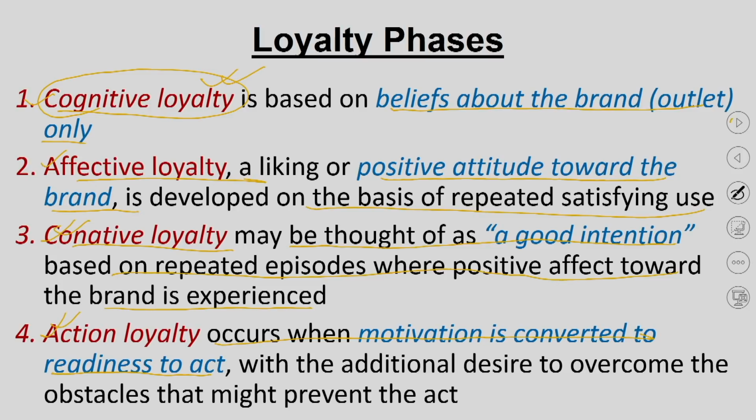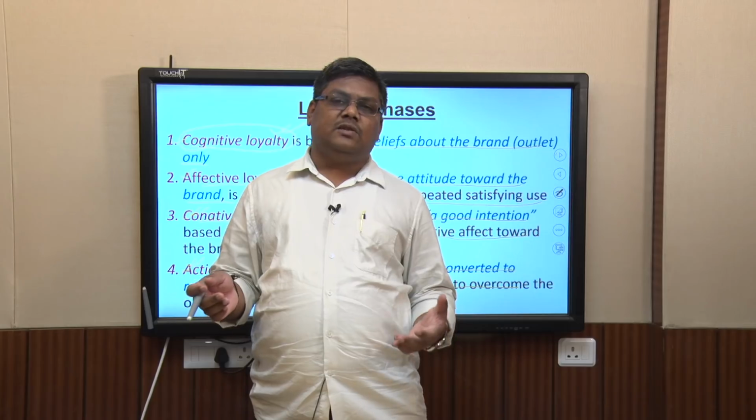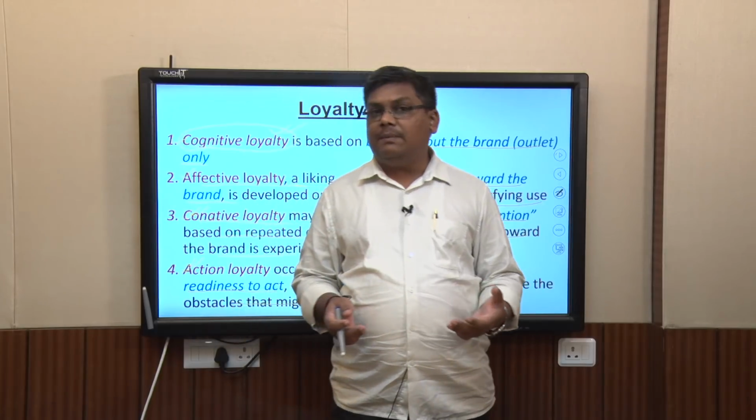So, when you are satisfied with a product, you have a good feeling about it, you have a good intention about it, and you are motivated enough to buy the product, no matter what happens, travel places, spend money, take risks and buy the product, that is what is called action loyalty. With the additional desire to overcome all the obstacles that might prevent you from actually buying the product, no matter what happens, you travel to places to buy that particular product, and that is what we see in Apple products.